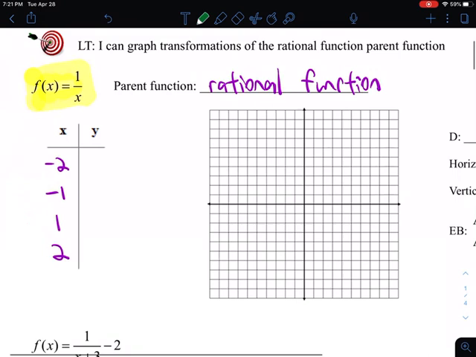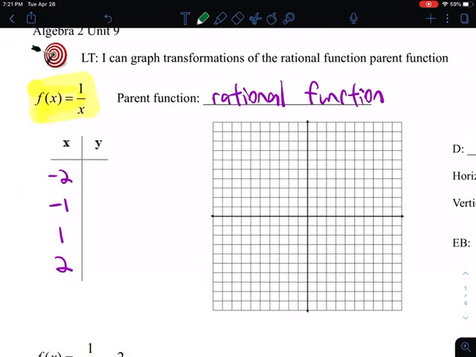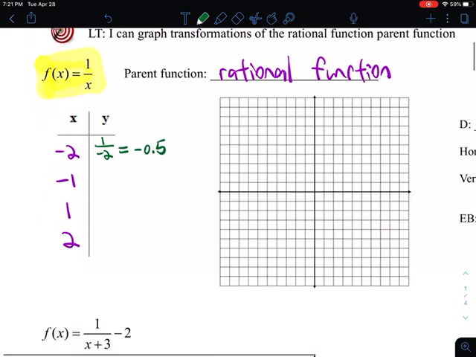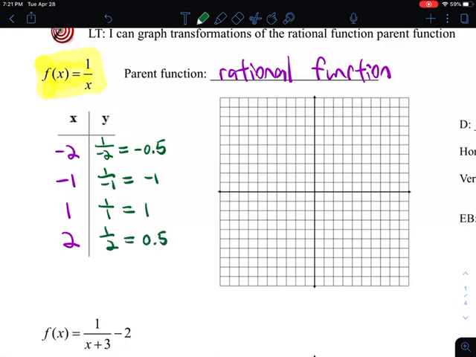Then how do we find the y values? We just plug it into our equation. When x is -2, y will be 1 over -2, so we can leave it like that, or write that as -0.5. When x is -1, 1 over -1 is -1. When x is 1, y is 1. When x is 2, 1 over 2 is 0.5.